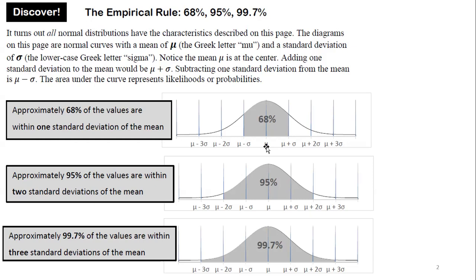Then one standard deviation above and one below, sigma, is 68% of your data. Two standard deviations above and below is 95% of your data. And three standard deviations above and below is 99.7% of your data.